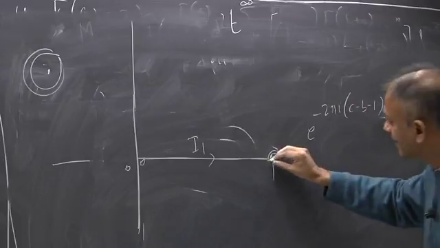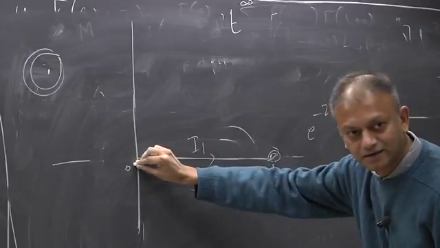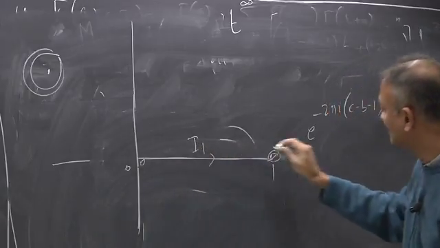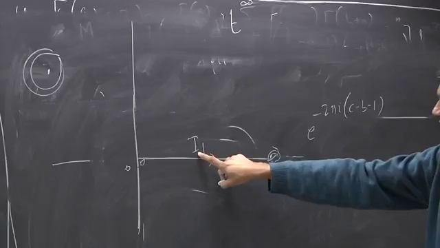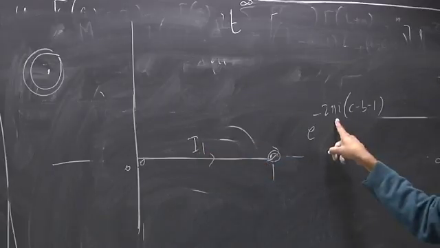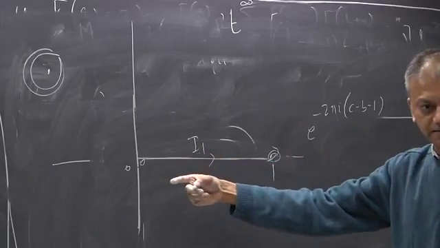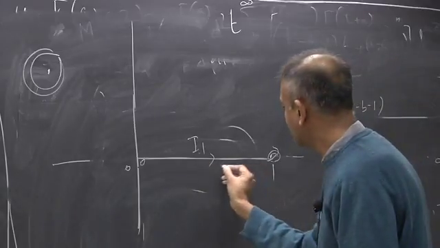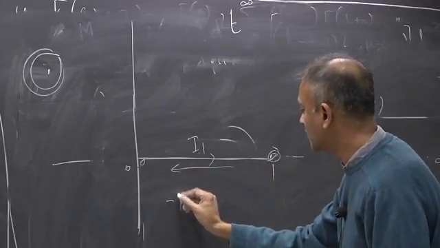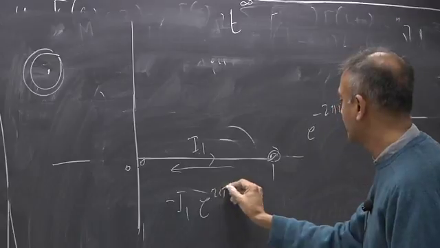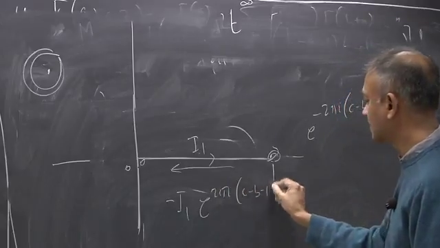Then I come back and integrate here. This integral will be the same as I1, but with this phase and the opposite orientation, so minus I1 times e to the 2 pi i (c minus b minus 1).